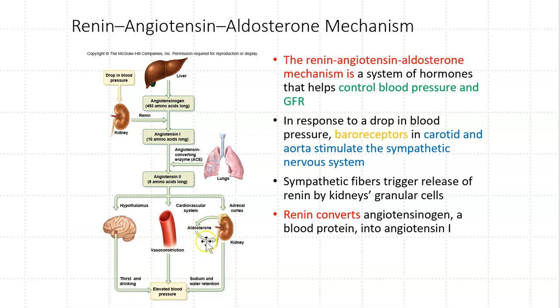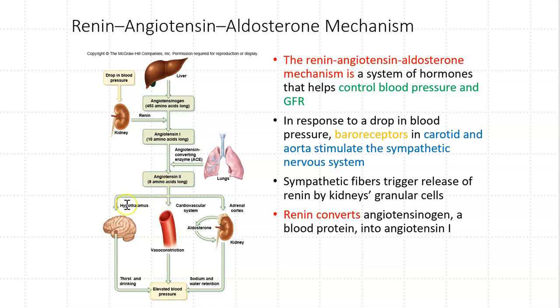And in turn, aldosterone helps in sodium and water retention. It helps in increasing blood pressure. Now, angiotensin II is also a potent vasoconstrictor. So when angiotensin II is secreted, the blood vessels get constricted, and this helps in increasing blood pressure.